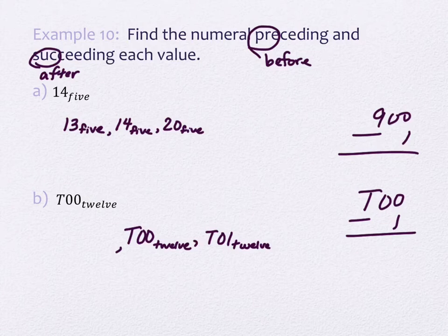So if I do regrouping, if I do borrowing, the T needs to go down by 1. So what does the T become? A 9. 9 is what comes before T. But when I borrow or regroup, that means 12 numbers get moved over to the other slot. We usually move a 10 over because we're working in base 10. So there's actually a T here now, because that's 12. This is what you would do here: this 9 would become an 8, and there'd be a 10 here. Yes?